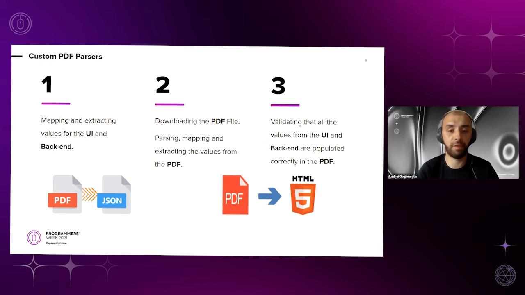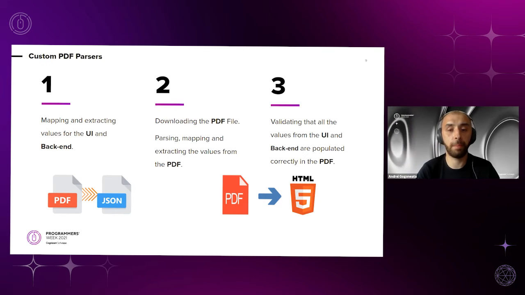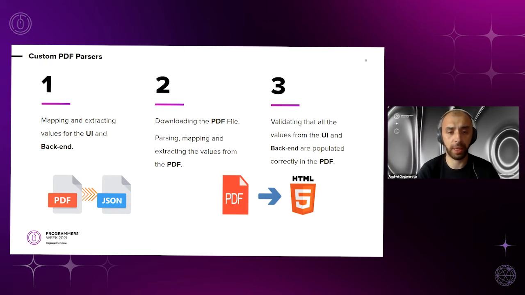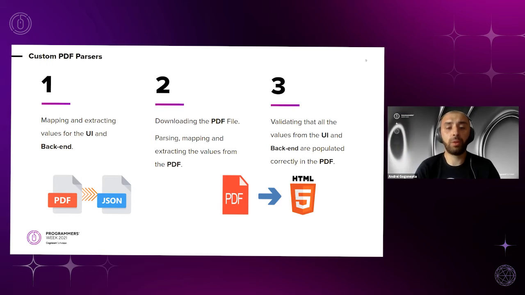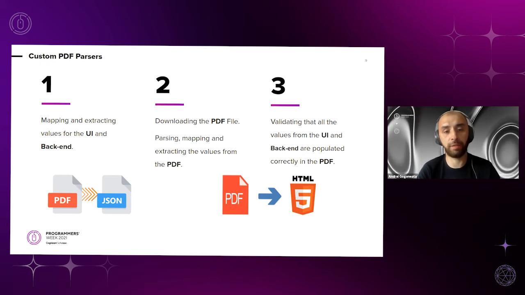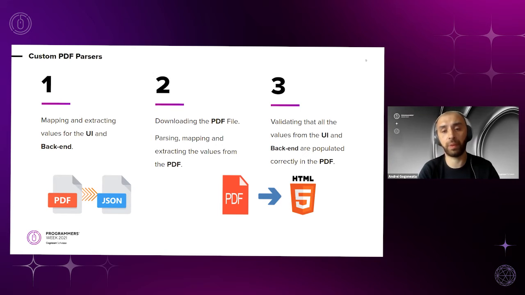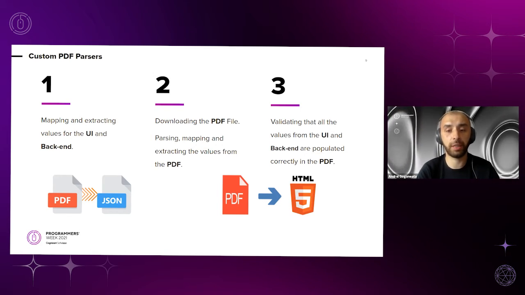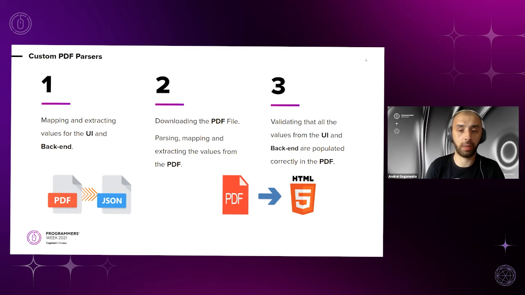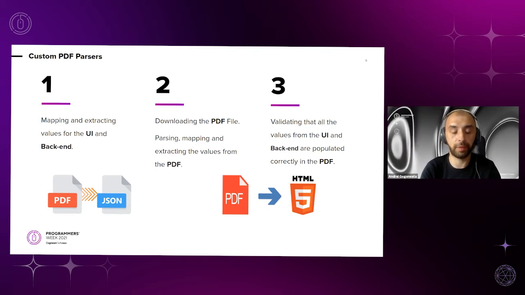After we downloaded the files, we mapped all the values that were in the PDF files. Since we first mapped the UI and backend values and afterwards mapped the values from the PDF, the first step should be validating that the values from the UI and the backend are correctly populated in the PDFs.